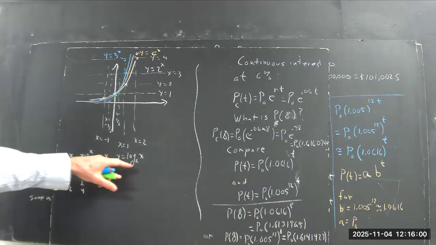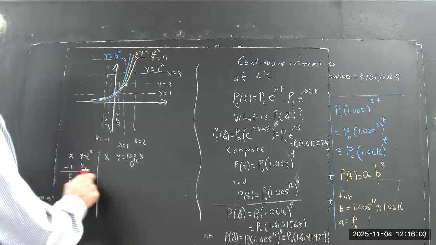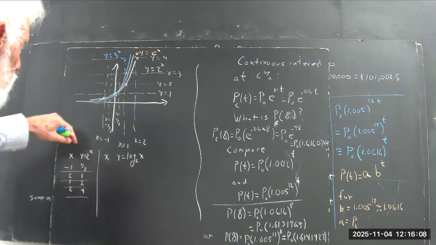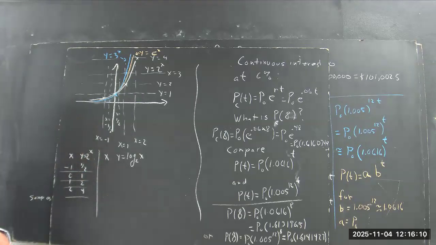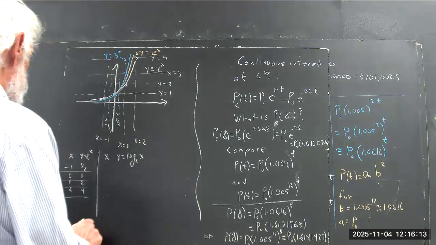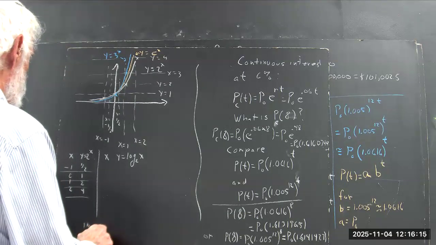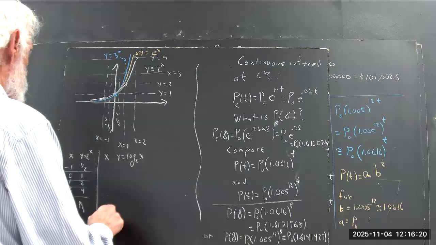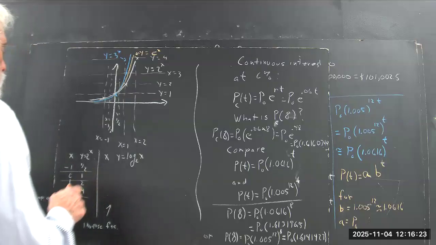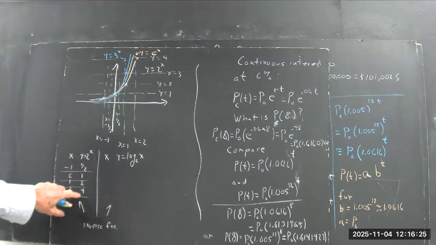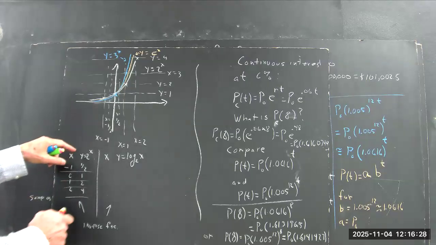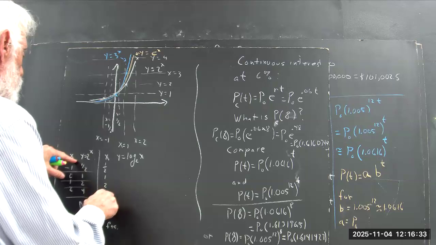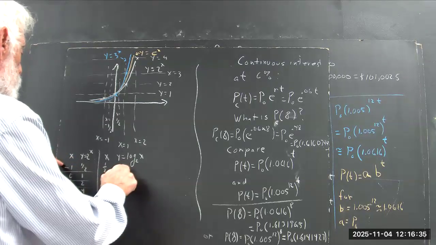Now we do a graph of y equals log base 2 of x. Log base 2 of x is inverse to 2 to the x. So how do you do inverse functions? You swap columns. Second column becomes the first, and the first column becomes the second.